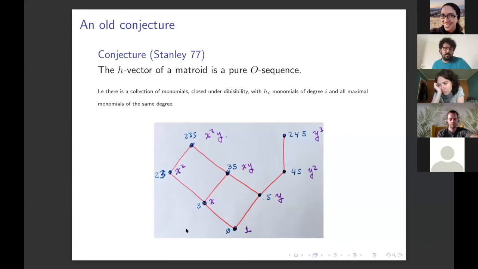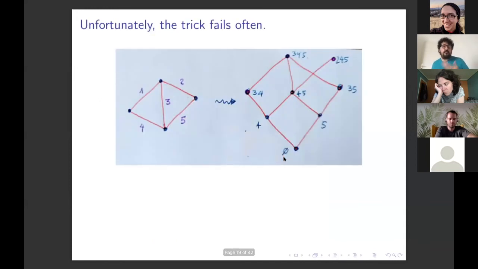And if you play with this one, you see, and I chose it so that it happens, that this poset over here is the divisibility poset of a monomial, and this has the correct H vector, because you can see that the grading here is given by the size of the internally passive, or by the size of the restriction set. So in this case, it solves the conjecture.